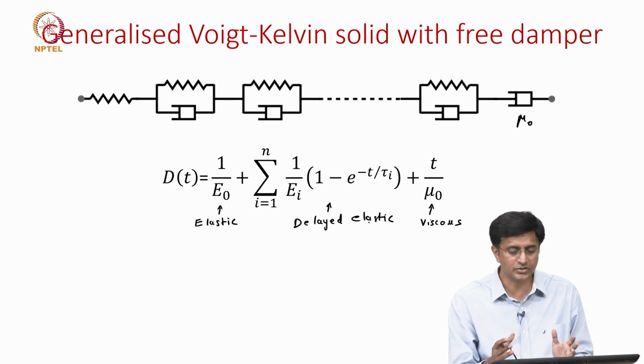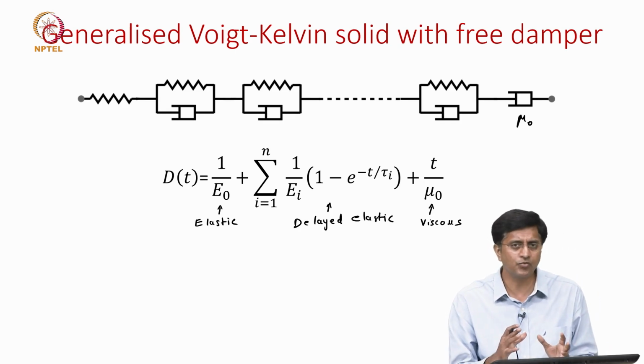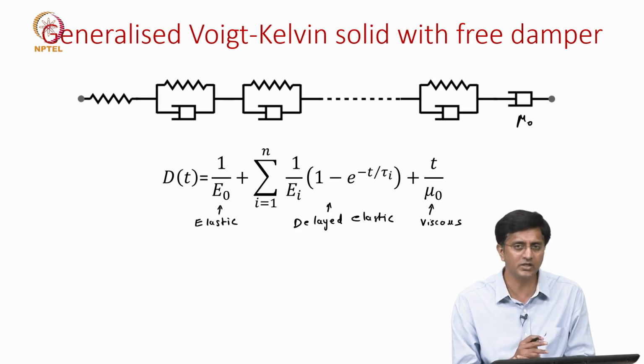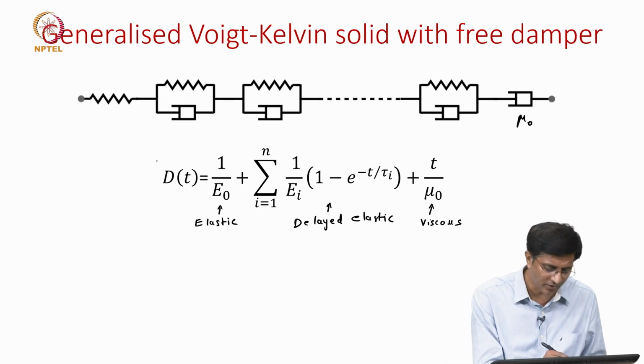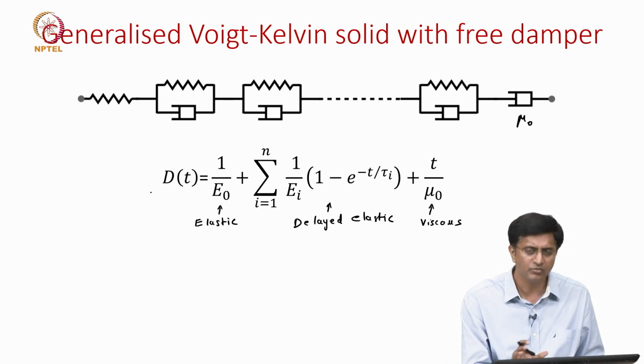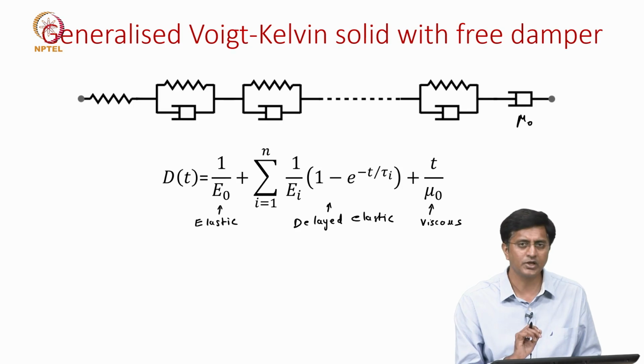If you look closely, this is very close to our 4 parameter model. The only difference being in the 4 parameter model we only had 1 Kelvin in series, here we have n Kelvins in series. That is the reason why we have this final expression looking very similar to the creep response of a 4 parameter model.